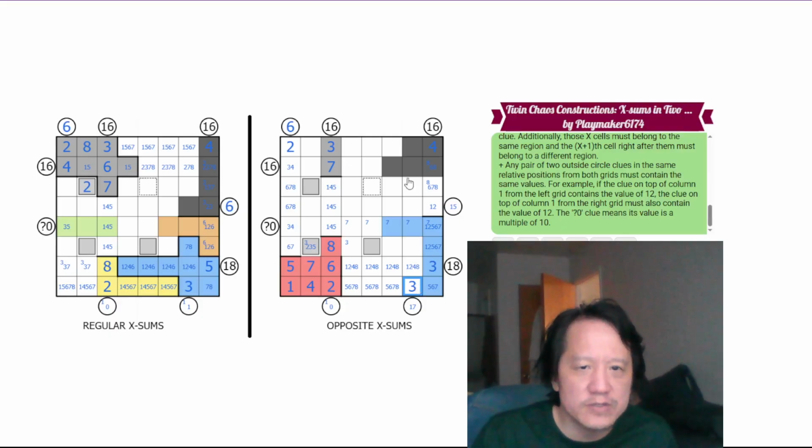Still could be 17 for 3 digits. This is not part of this region because blue already has a 3 available. So we're going to make that part of yellow. What happens if we go red that way?